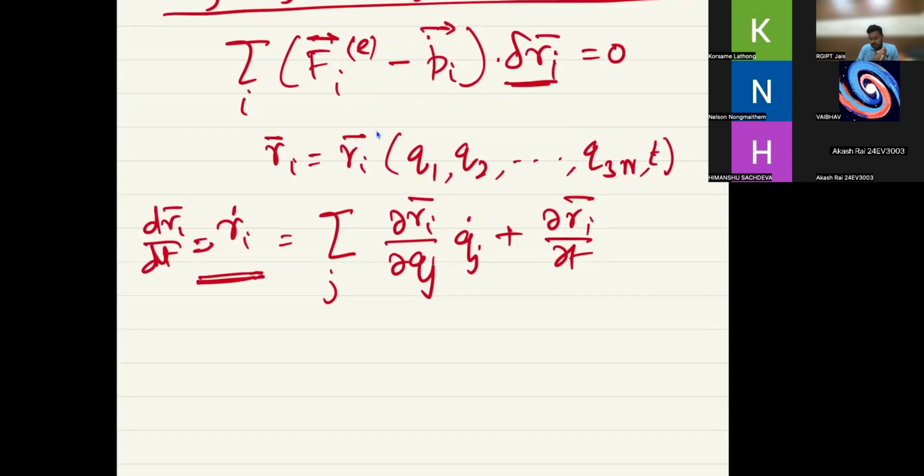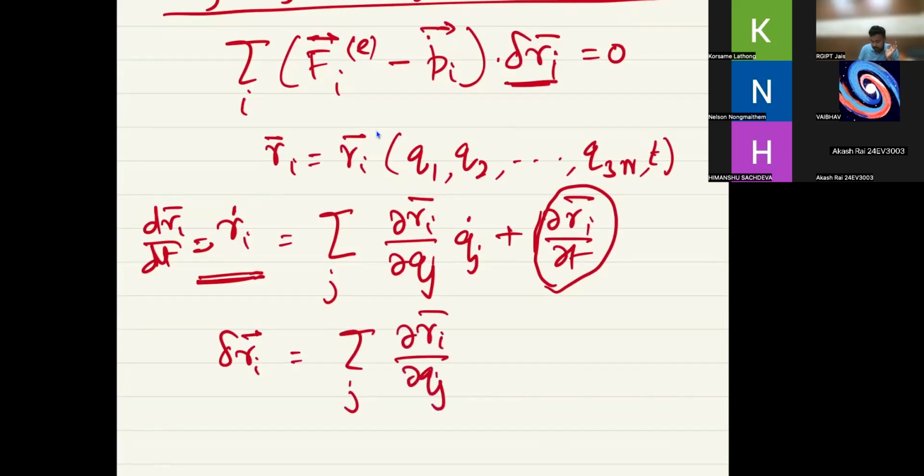But when we have virtual displacement, that is instantaneous, so there is no t term. This term, del Ri by del t, will be 0 in the case of virtual displacement, because there is no change in time involved. Similarly, we can write delta Ri equal to the sum over j of del Ri by del qj into delta qj.